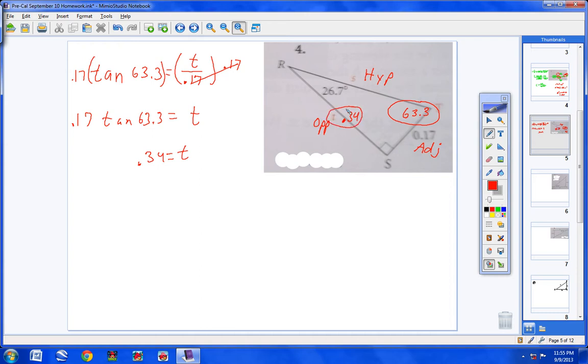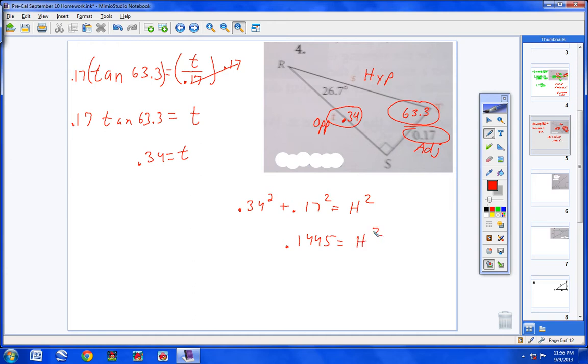Alright, now notice I know two sides. I'm missing the hypotenuse. So we're going to use the Pythagorean Theorem: 0.34 squared plus 0.17 squared equals hypotenuse squared. Now, if you take 0.34 squared plus 0.17 squared, add those two numbers together, you will get 0.1445 equals h squared.